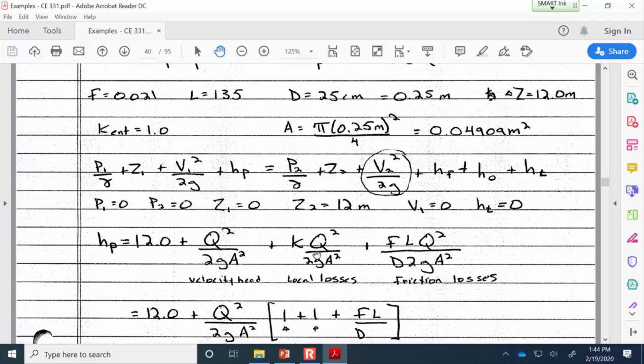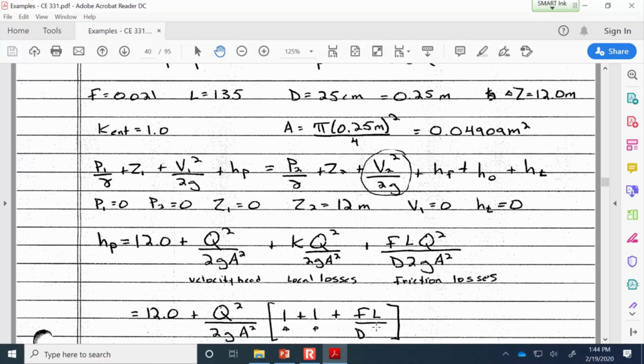And so we can factor those three things together, and you can see that what I said here is it's 12 meters of head because of the delta Z, and then Q squared divided by 2GA squared multiplied by the velocity head factored out, the local losses since our K value is equal to 1, and then the friction losses. Everything factored, the 2GA squared in the denominator, the Q squared factored out. What's left is the friction factor, the length, and the diameter.